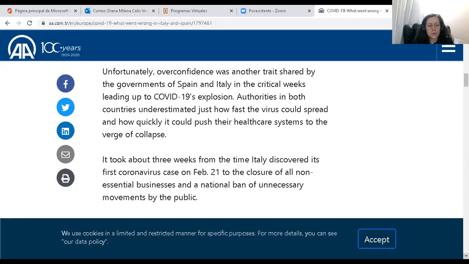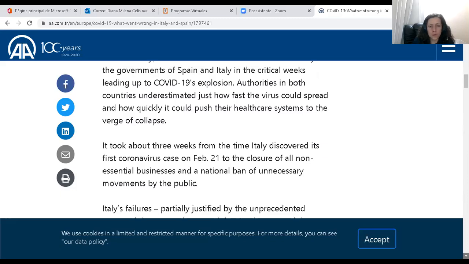It took about 3 weeks from the time Italy discovered its first coronavirus case on February 21st to the closure of all non-essential business and a national ban of unnecessary movement by the public.